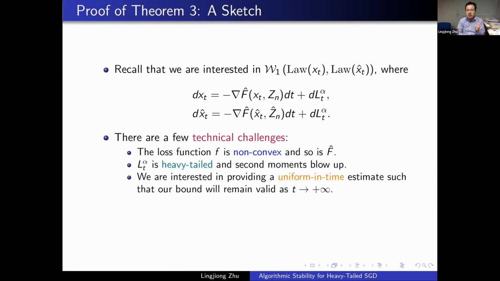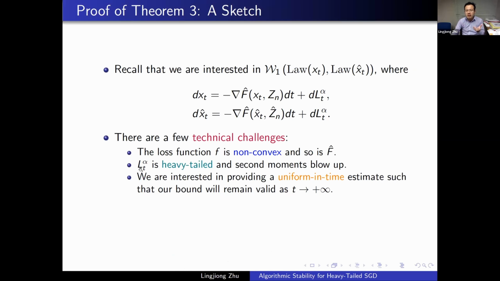Mathematically speaking, you are interested in obtaining a one-Wasserstein distance between the law of X_t and the law of X_t hat, where Z_n and Z_n hat are close to each other. As I mentioned, there are several technical challenges. First, the loss function is non-convex, so f hat is non-convex.